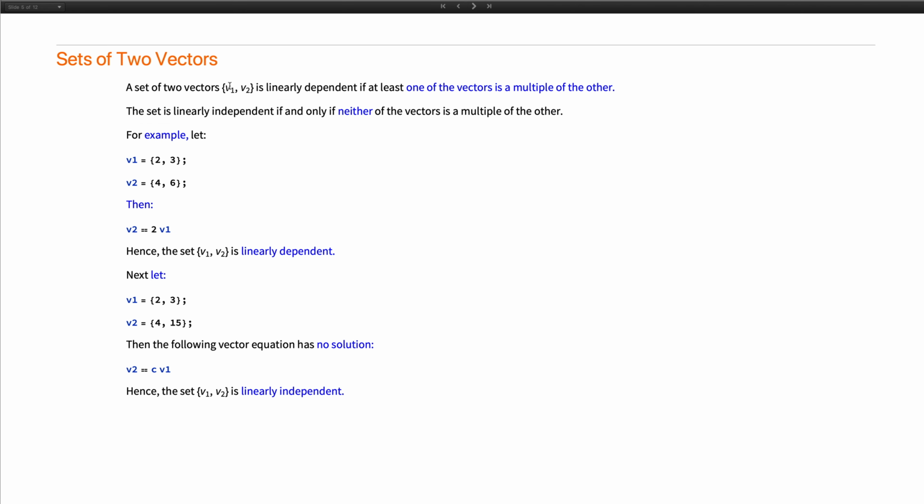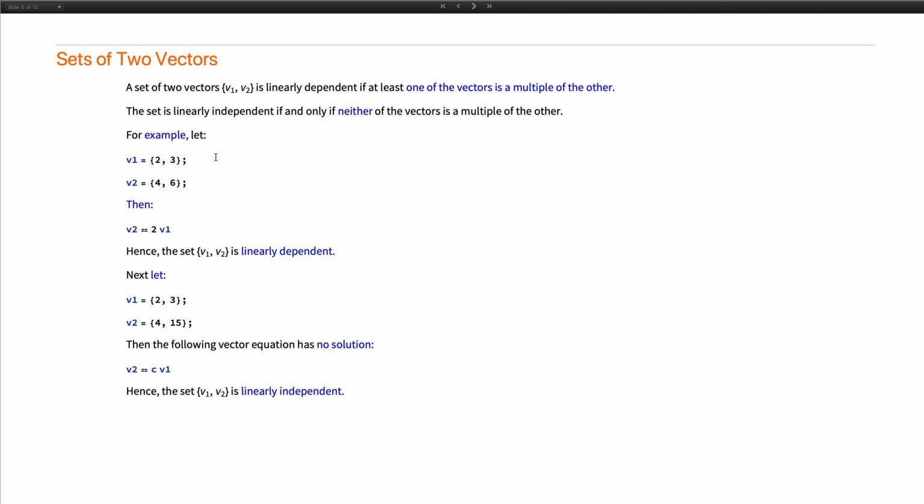If you've got 2 vectors v1 and v2, then that set is linearly dependent if at least one of the vectors is a multiple of the other, a bit like what you saw in the figure early on. So for linear independence, you want neither of the vectors to be a multiple of the other.